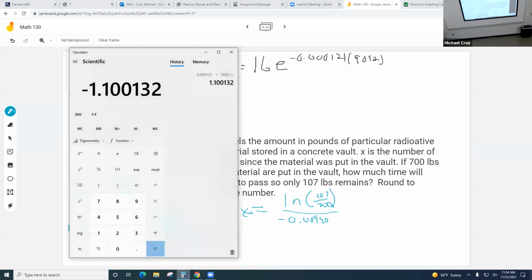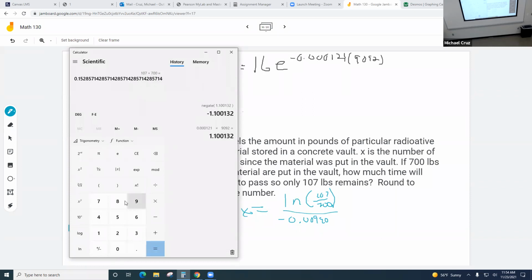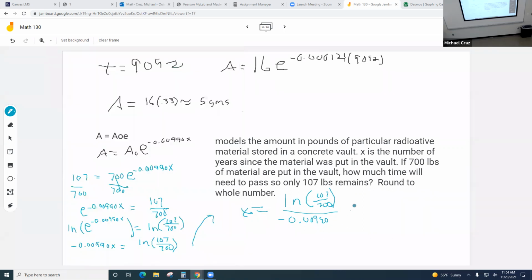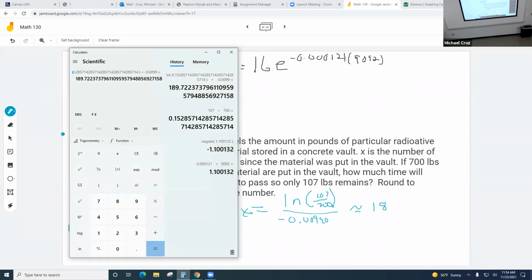All right, so let's figure that out. 190 years.